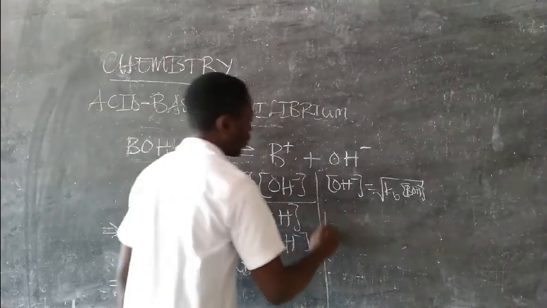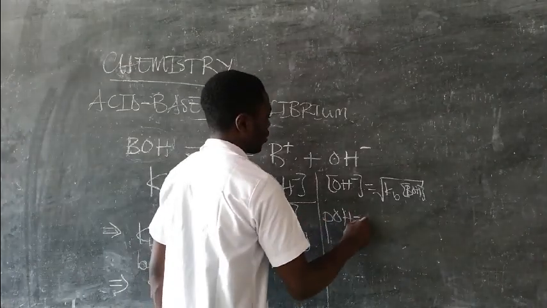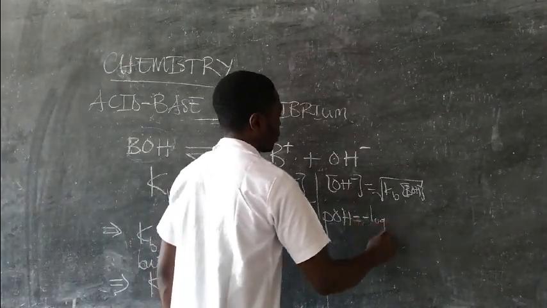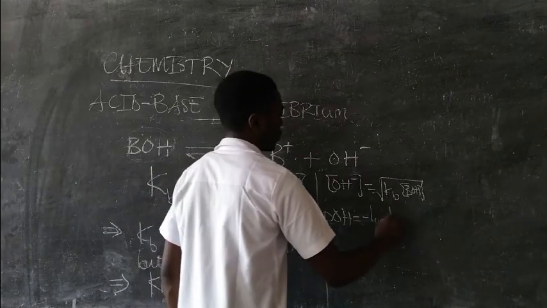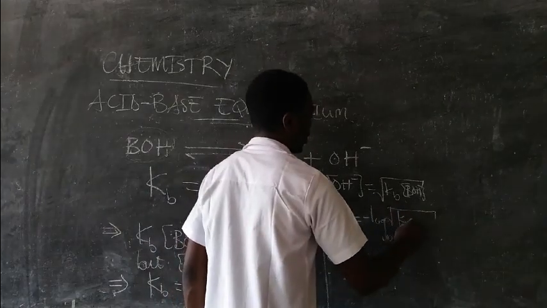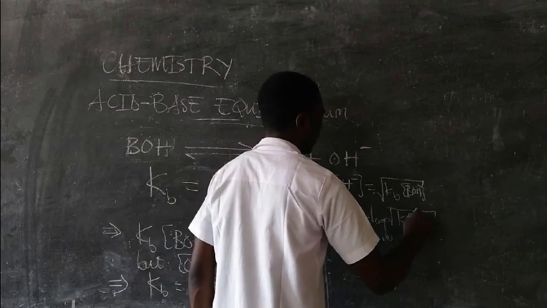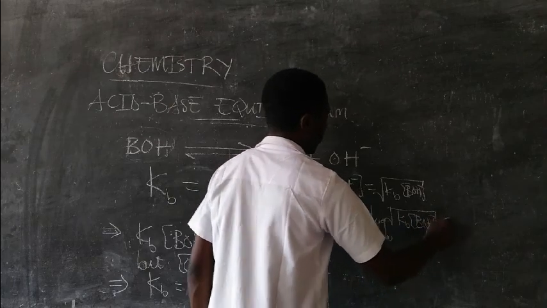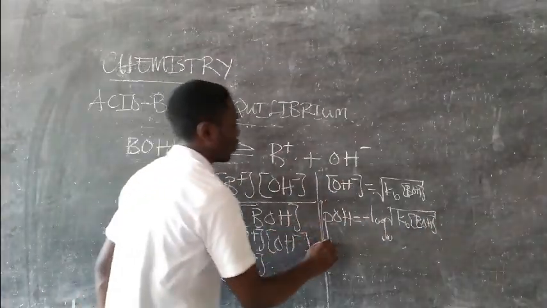Okay, and so the pOH for a weak base can be written as negative log to the base 10 of the square root of Kb times the concentration of BOH.